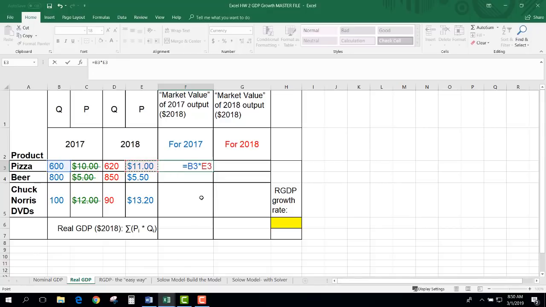So in 2018 terms, we had 6,600 worth of pizza produced in 2017. And then likewise, I can just fill this down for beer, 800 beers produced in 2017 at a 2018 value of $5.50 each. That's 4,400 worth. And then 100 Chuck Norris movies in 2017 at a 2018 value of $13.20.